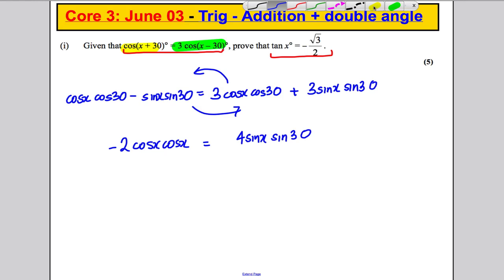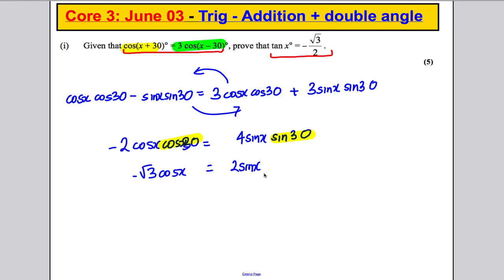Now you should know that sin 30 is a half, so that should have been a 30 here. And you should also know that cos 30 is root 3 over 2. So this side would be a half times 4, which is 2 sin x, and this side would be negative 2 times root 3 over 2, which would be negative root 3 cos x.